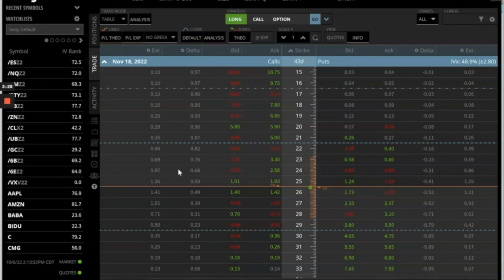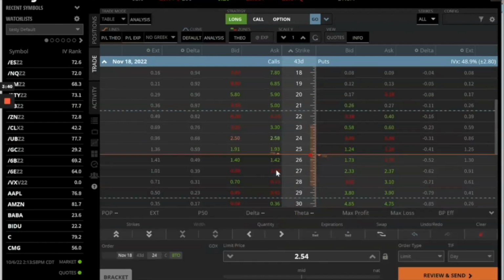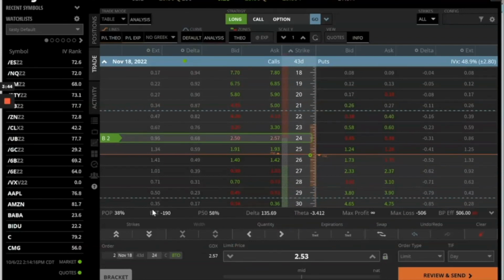The Tastyworks platform is extremely versatile, and you can set these columns up however you like. I have delta displayed in this column right here. At this time, the closest call to 70 delta is the 24 strike, so I'm going to purchase 2 of those. Next, I'm going to look down here and see how much extrinsic value I'm purchasing in those 2 calls. It's 190. Now, because extrinsic value is just value that will eventually disappear as we get closer and closer to expiration, we do not like to buy it.